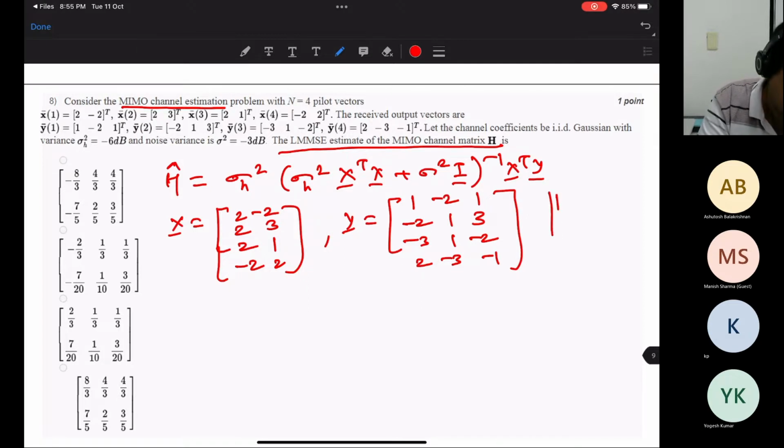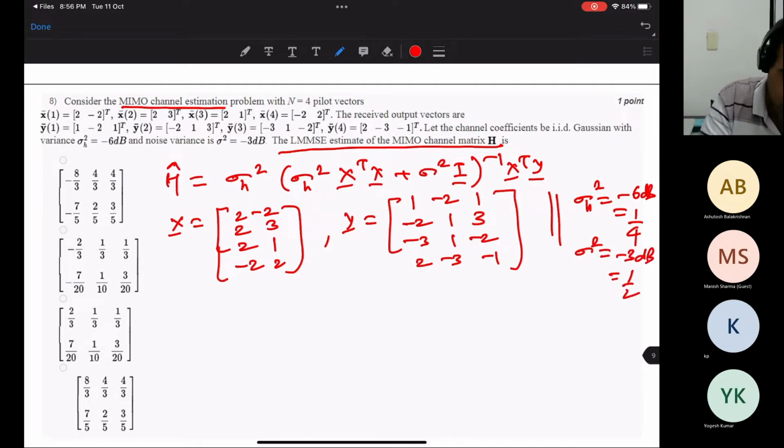We know that sigma_H squared is -6 dB, so this is basically 1 by 4, and sigma squared is -3 dB, which is half.